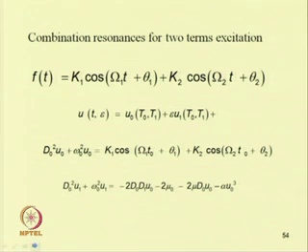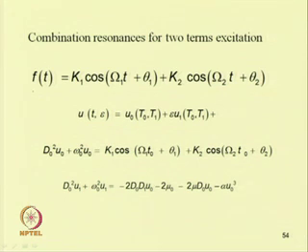If a multi frequency excitation acts on the system, what will happen to the system? Previously we have taken only a single forcing term. Instead, we can take multiple forcing terms. Let us take the case when this forcing term equals k 1 cos omega 1 t plus theta 1 plus k 2 cos omega 2 t plus theta 2.